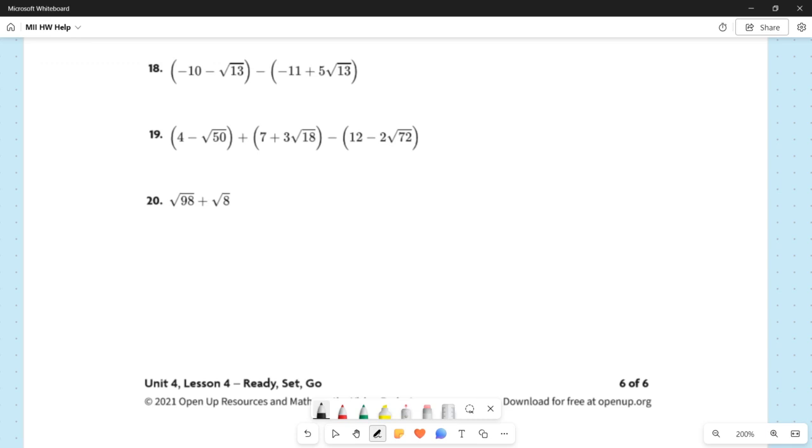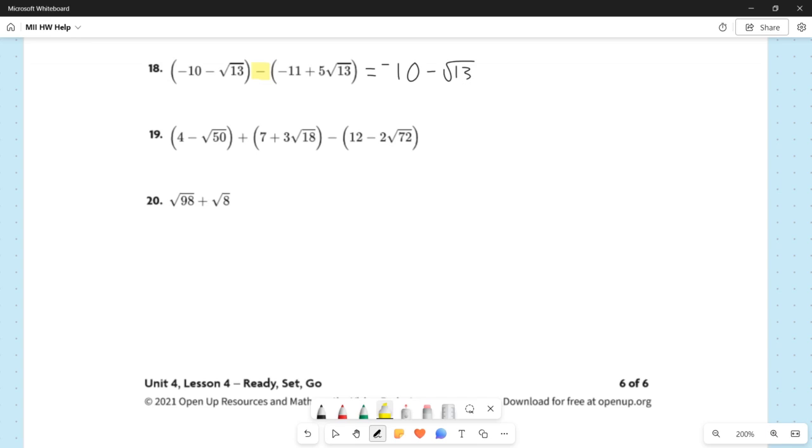And the first set of parentheses, again, just like 17, you can remove without too much trouble. So they just go away, and you're left with -10 minus root 13. Now, the middle operation, the thing that we're doing to these two numbers that each have two parts to them, is we are subtracting them.